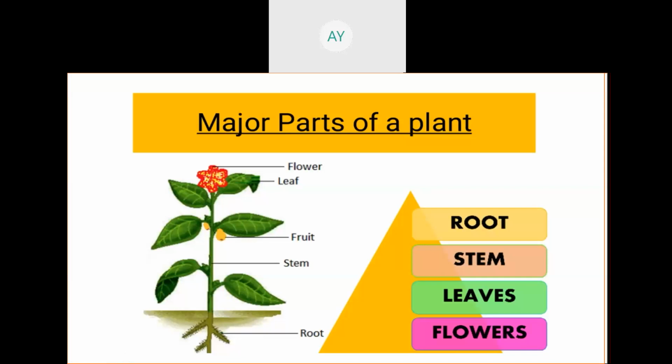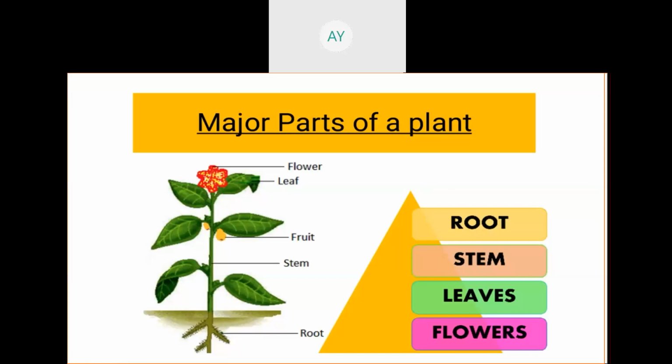You will find very small pore-like structures on the leaf surface through which exchange of gas occurs, known as stomata. You cannot observe this with the naked eye, but you can observe it through a microscope.